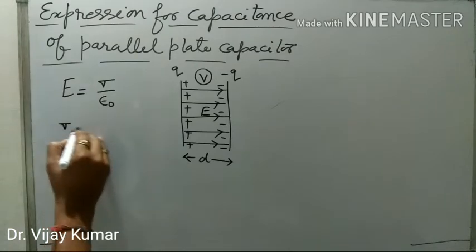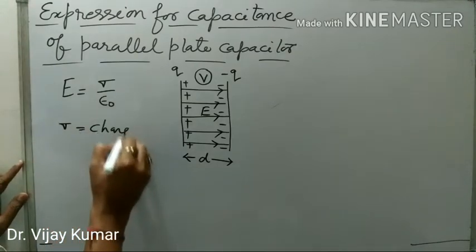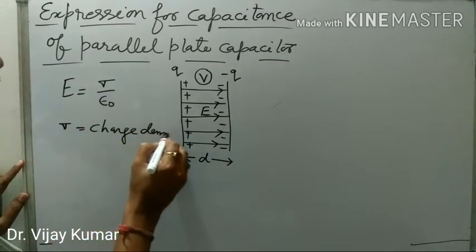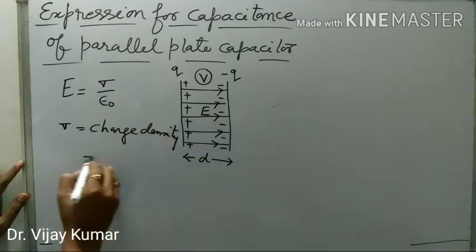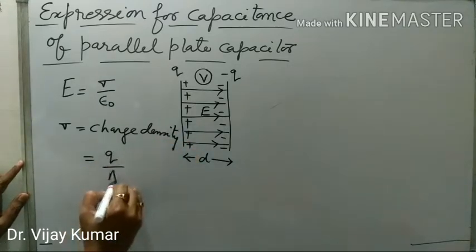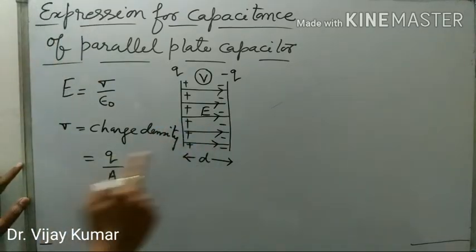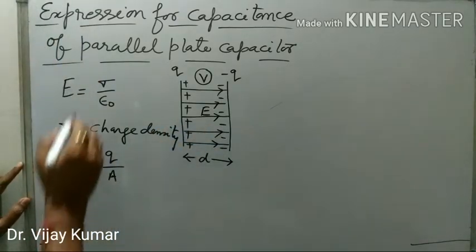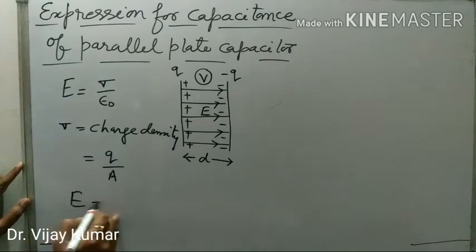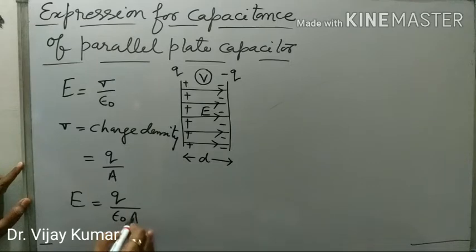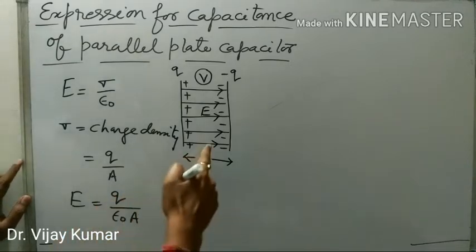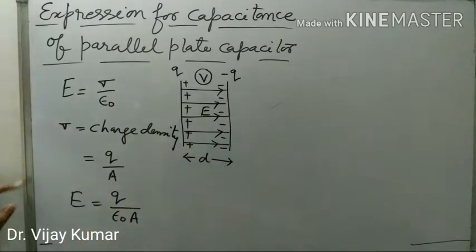Sigma is the charge density, which should be equal to Q upon A. A is the surface area, the overlapped surface area of the plates, and E should be, with sigma as Q upon A, Q upon epsilon naught A. This is the electric field between these two opposite charged plates.